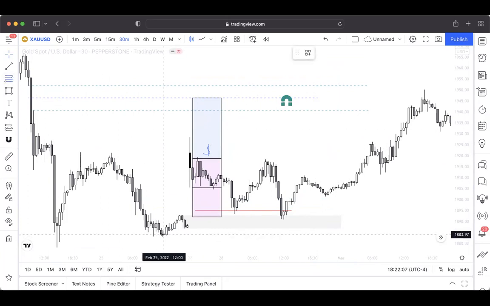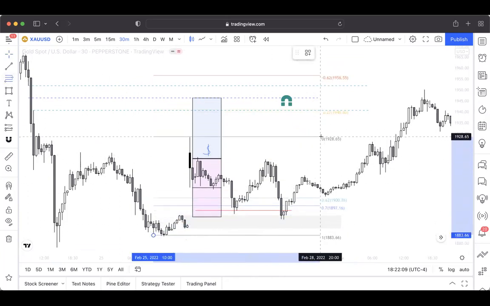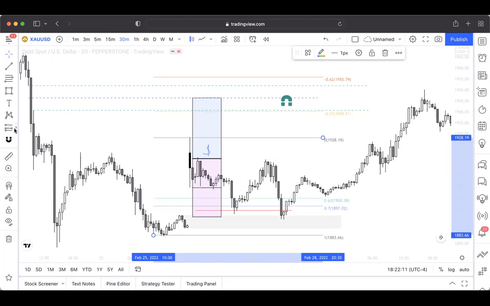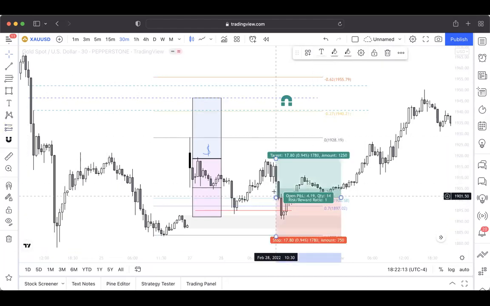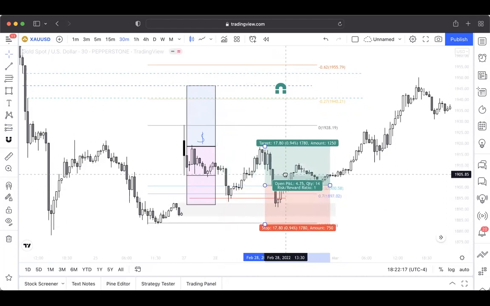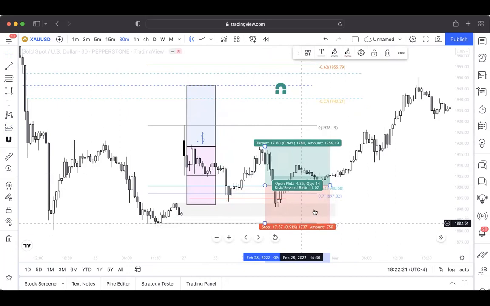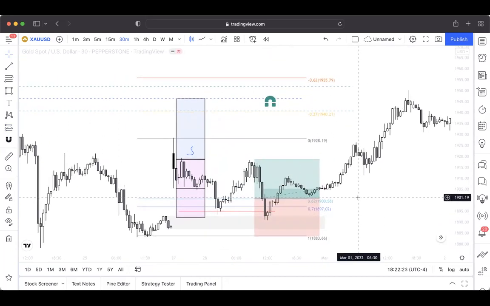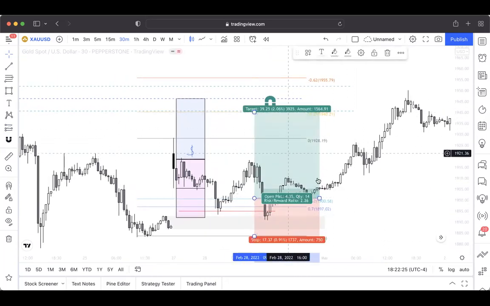What I mean by that, you can even take this trade with the fib on the 62, to be honest, like that, or even here. And obviously a 170 pips stop loss is huge, I know, but at least you catch the trade.